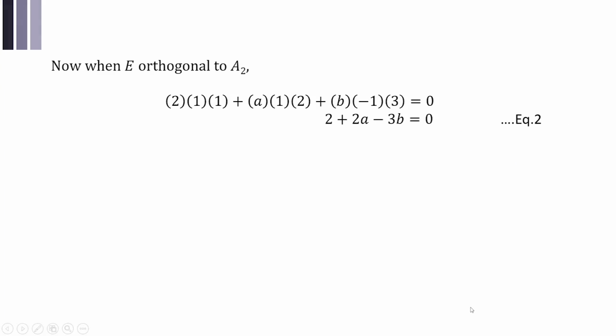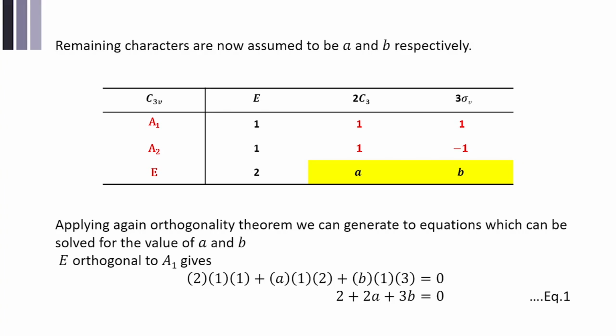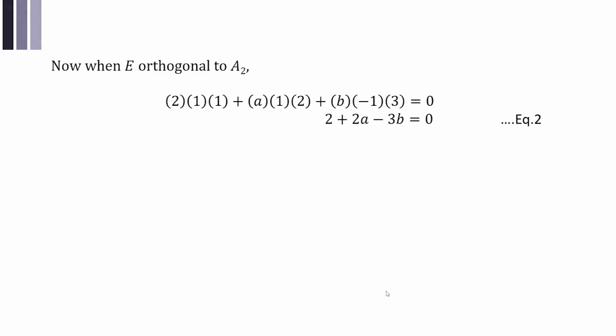For another equation, looking at this table, if E is orthogonal to A2, we get 2 into 1 into 1, plus A into 1 into 2, that's 2A, plus B into minus 1 into 3, that is minus 3B. So 2 plus 2A minus 3B equal to 0.